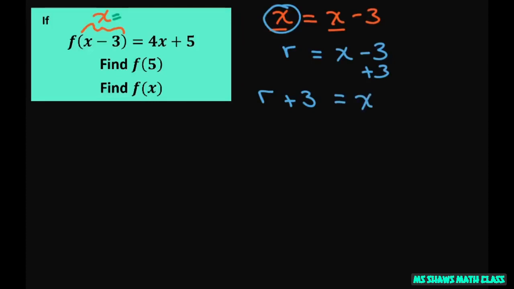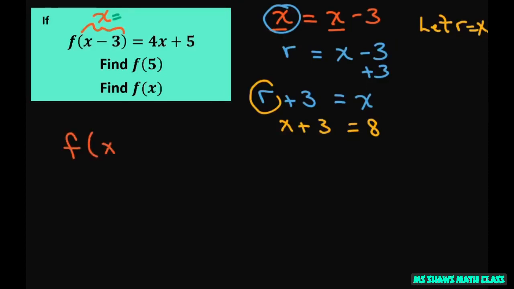Now I'm going to substitute this r, so we let r equal x. So now make this x again. So we really have x plus 3 equals x. Now, take your equation and what we want to do is plug this in for every x.